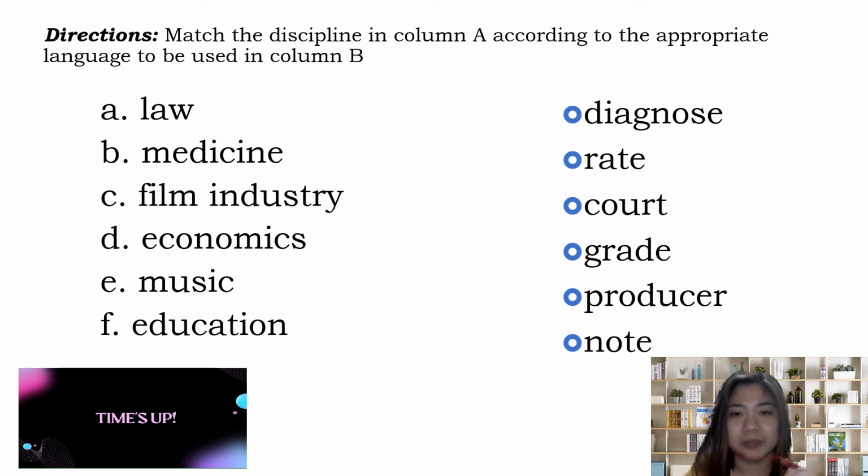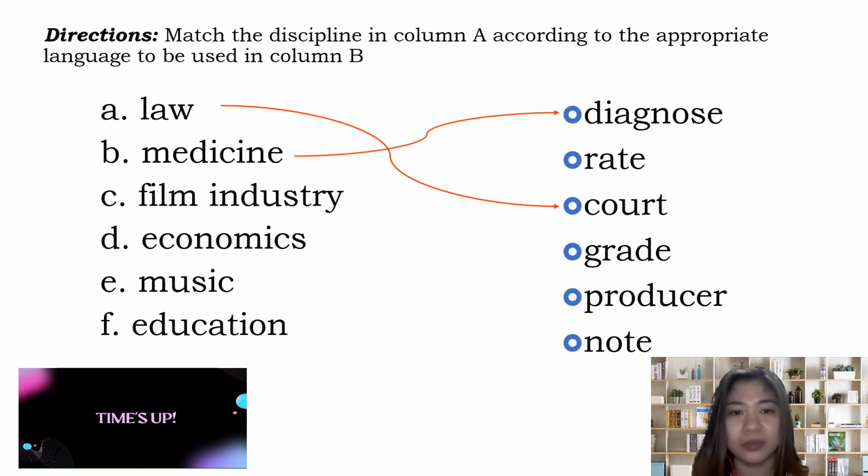Okay, time's up. So let us verify your answers if correct or not. So let me reveal the answers. For letter A, the term law is for court. Letter B, medicine is for diagnose.